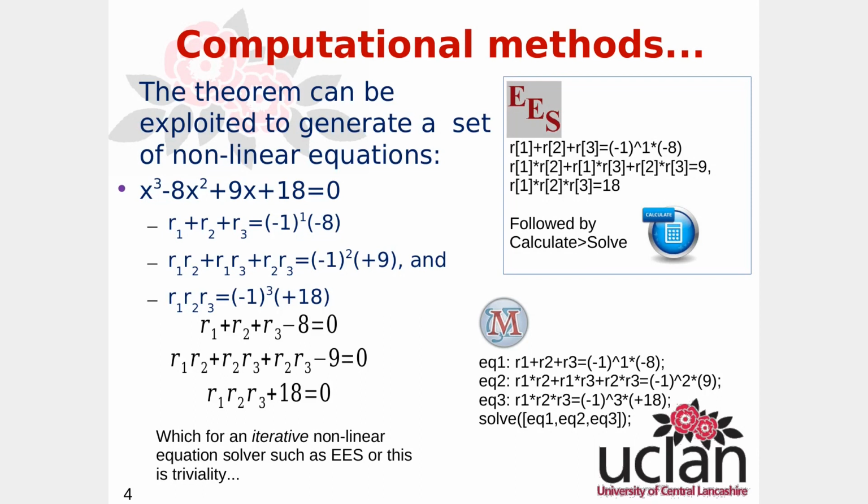So here we'd say r1 plus r2 plus r3 would be minus 1 to the 1 multiplied by 8 divided by 1 in this case, so minus 8. And then we take the product of each pair of the roots, so we'd say r1 times r2, plus r1 times r3, plus r2 times r3 would equal minus 1 squared times minus 9 divided by 1.